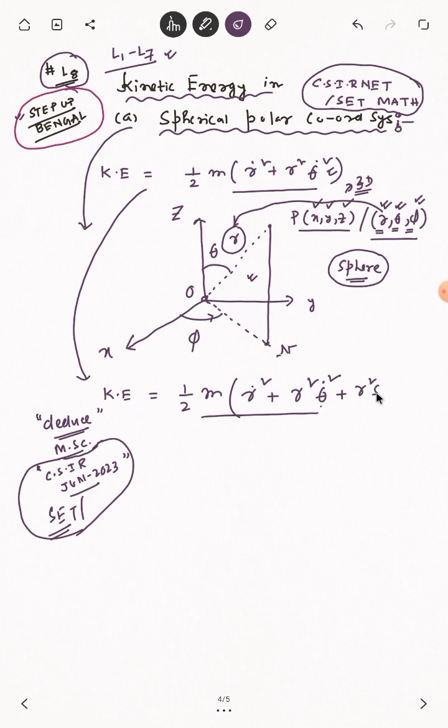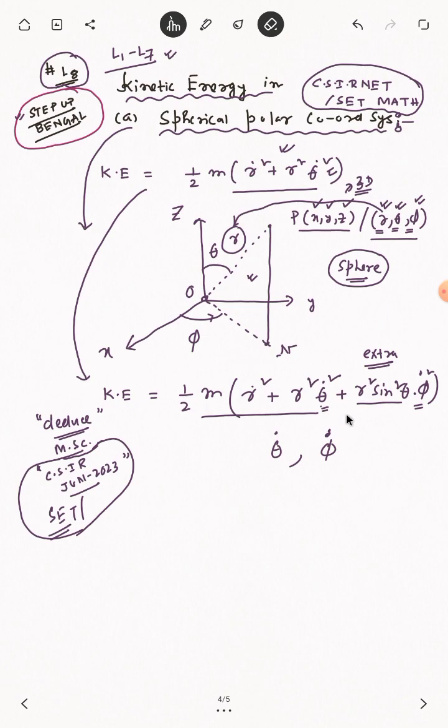When we deduce it theoretically, we see that it is replaced as r sine theta. So r square is now r square sine square theta. This is the additional extra term, into the last coordinate, that means phi dot square. So in the spherical polar coordinate system we see theta dot, as it was in 2D. The new one is phi dot, not double dot.